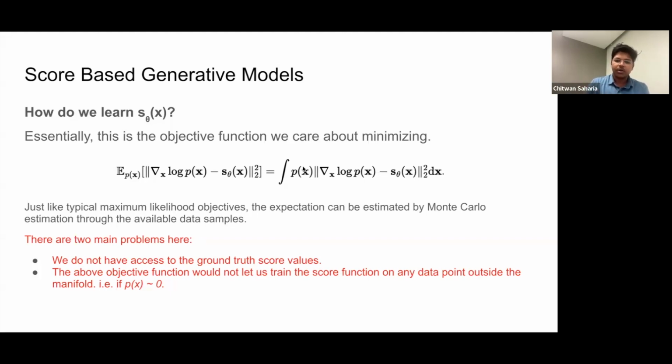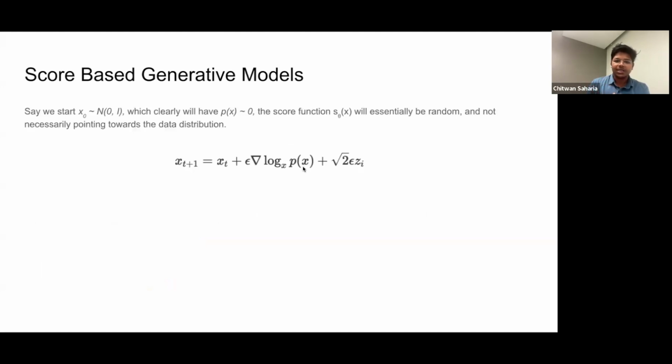Now, why do we care about learning the score function at those points? Let's consider the update rule that I showed in the previous slide again. Say we start from x0, a sample from a standard normal Gaussian distribution, and start applying these updates. If P of x is a distribution of natural images, then the probability of x0 under that distribution would be essentially 0.